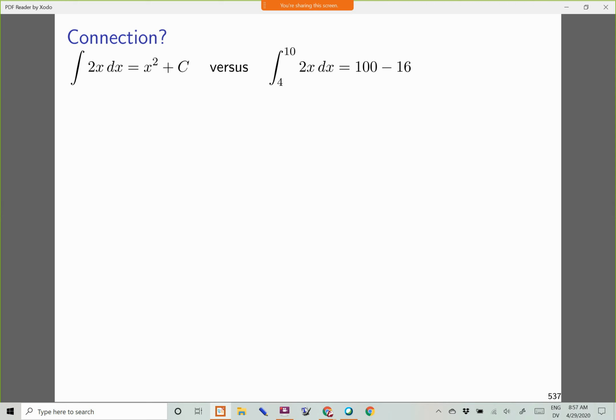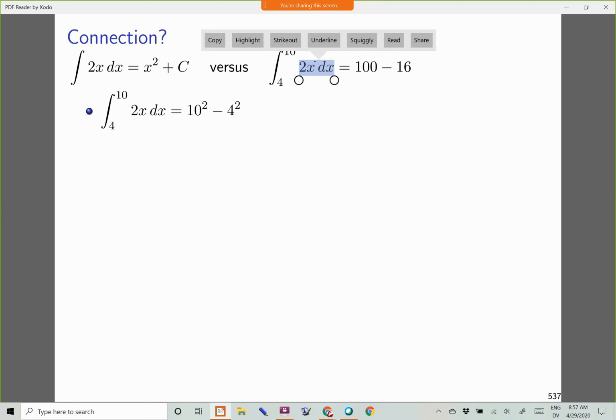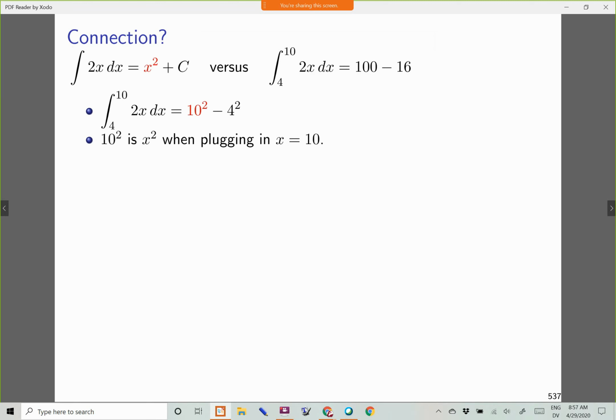And to start seeing the connection between these, I'm going to suggest we rewrite this ever so slightly. So I copied this left side, integral of 2x dx from 4 to 10, from x is 4 to x is 10, but I rewrote 100 as 10 squared and rewrote the 16 after the minus sign as 4 squared. Now check this out. You see the connection a little bit more, maybe with this x squared here and this 10 squared and 4 squared. 10 squared is what x squared is once you plug in 10 for the x.